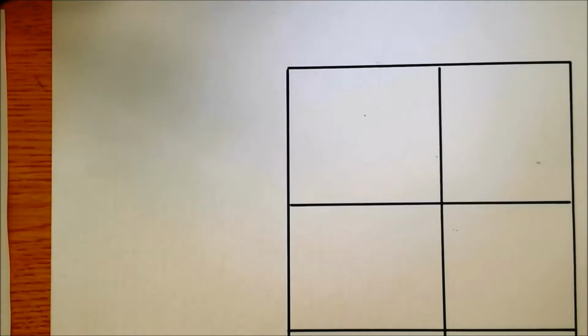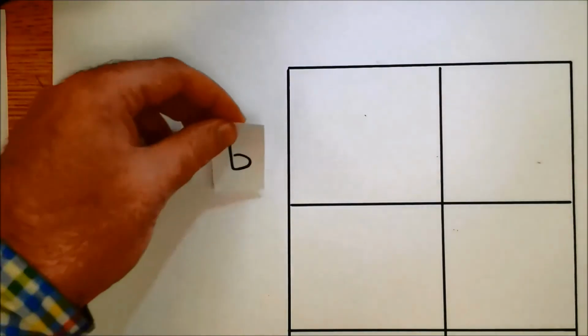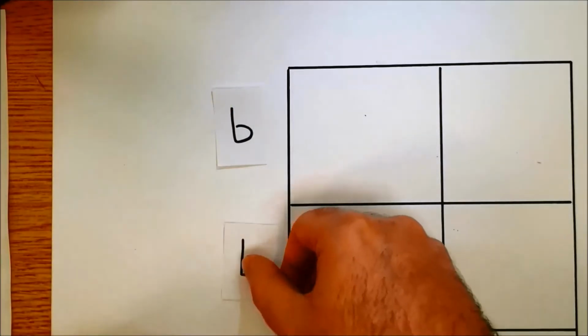All right, so let's see if we can make this work. So we know that the woman is blue-eyed, and blue-eyed is recessive. What is the only possible combination of alleles that will get us a recessive possibility for the woman? Two little b's.